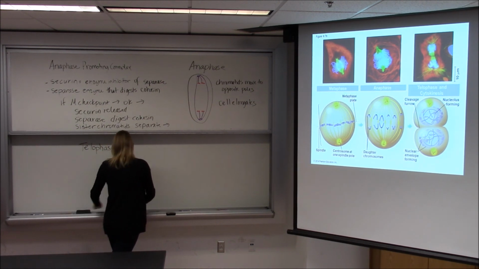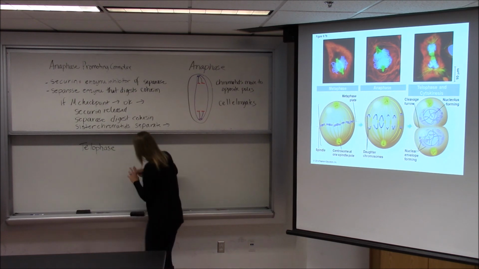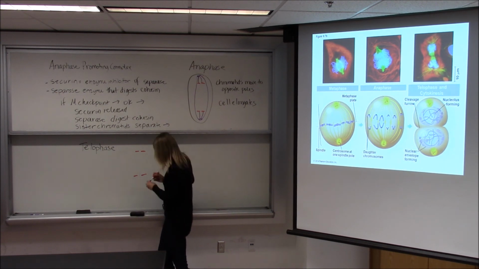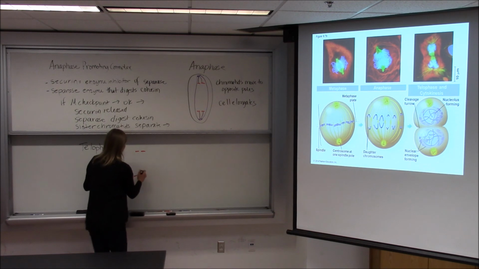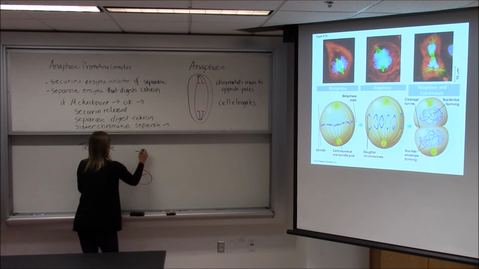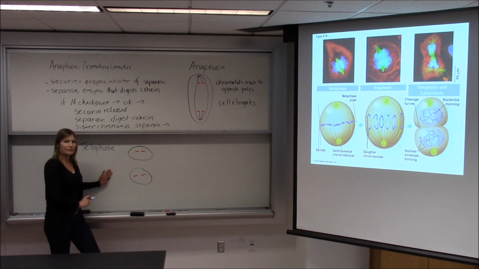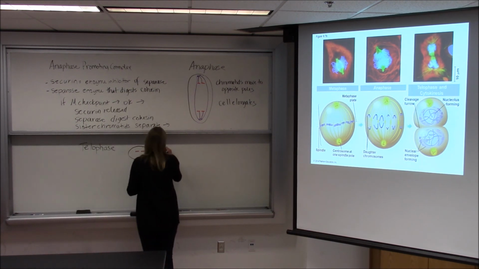One is that around these two new sets of chromosomes, one at one end of the cell and one at the other end of the cell, nuclear envelopes are going to reform. And that's essentially division of the nucleus. That's really what mitosis is, division of the nucleus. So new nuclear envelopes form.